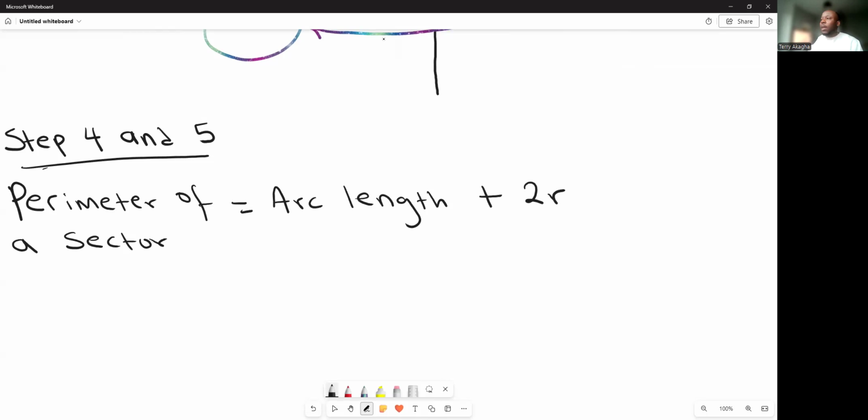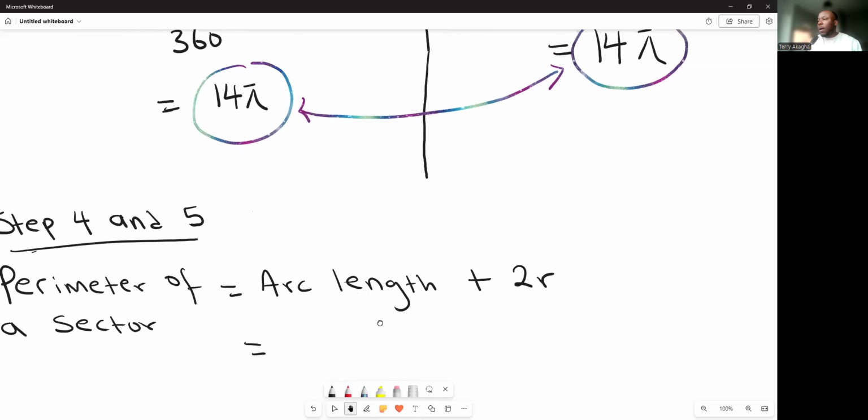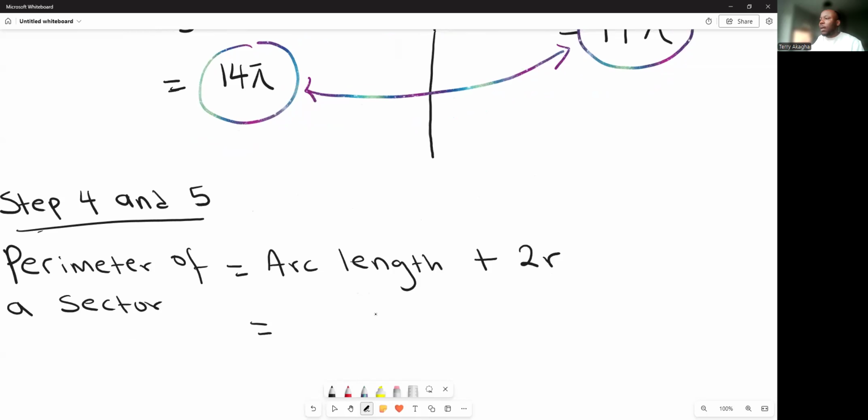We got the arc length to be 14 pi, so it's going to be 14 pi plus 2 times the radius, which is 8 centimeter.